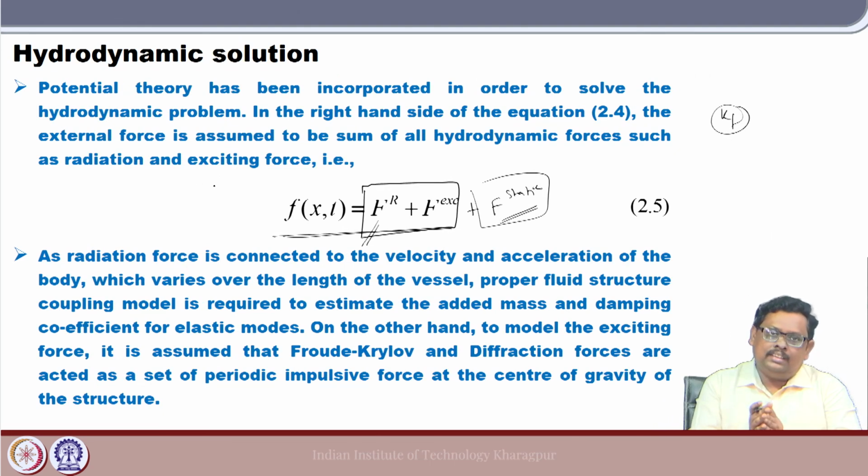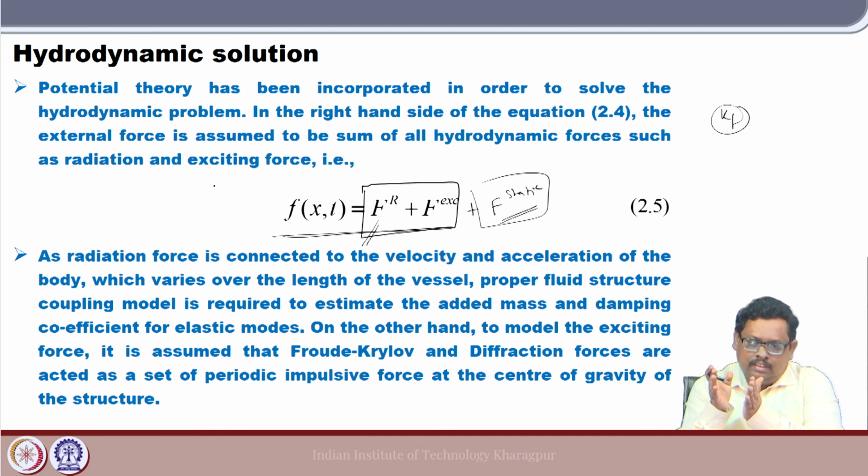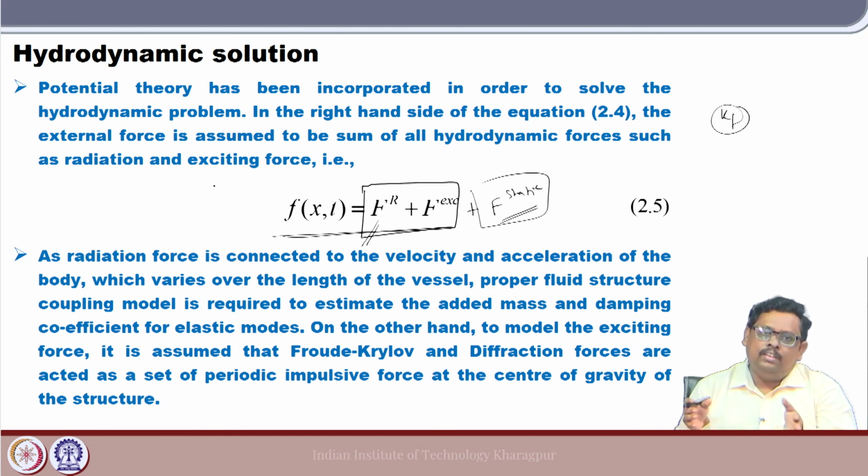In the next class I write this Fxt on the right hand side, I multiply by the Wmx, and then I will show you the structural equation, the Euler-Bernoulli beam equation, and how we use some semi-analytic technique to find out the deflection and the velocity of each mode.